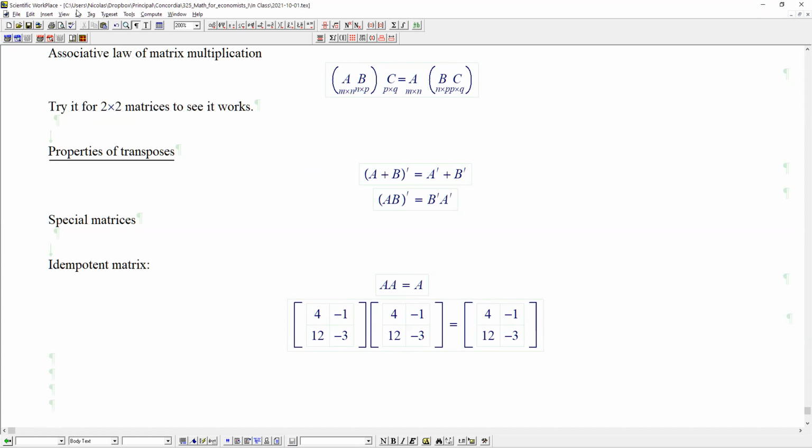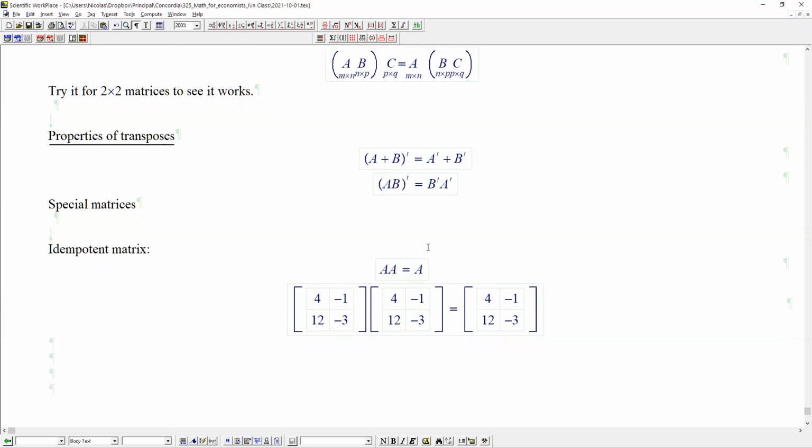But if you look at it, for instance, 4 times 4 is 16, and minus 1 times 12 is minus 12. 16 minus 12 is 4. Do that for all the elements, and you see that you get exactly the same thing. Yes, so A equals I works too.